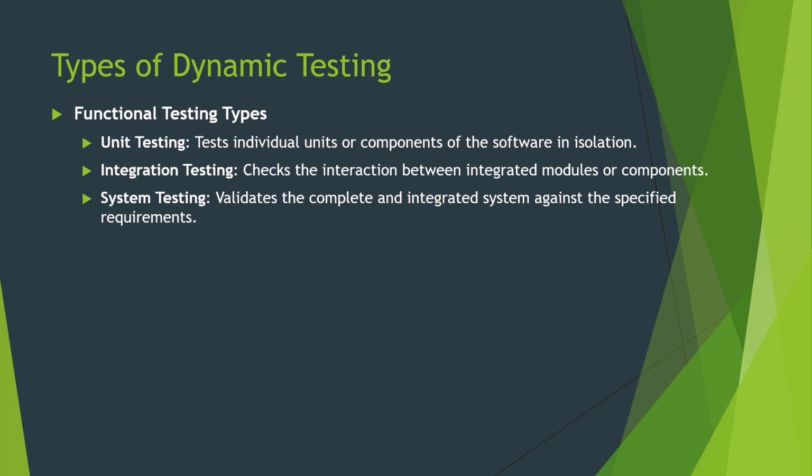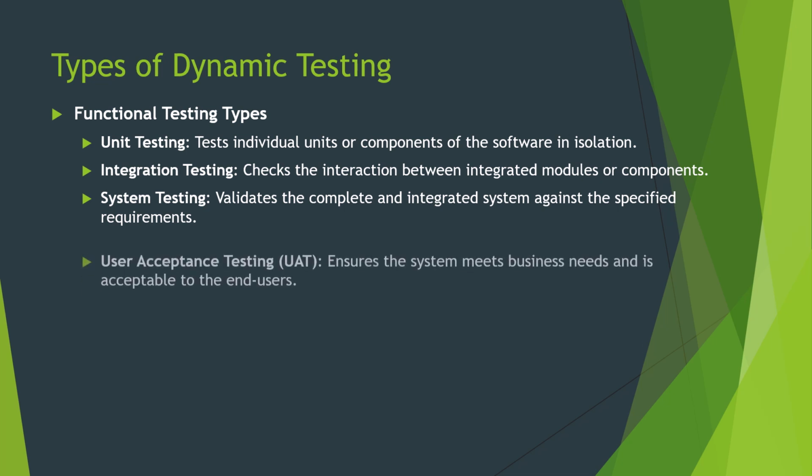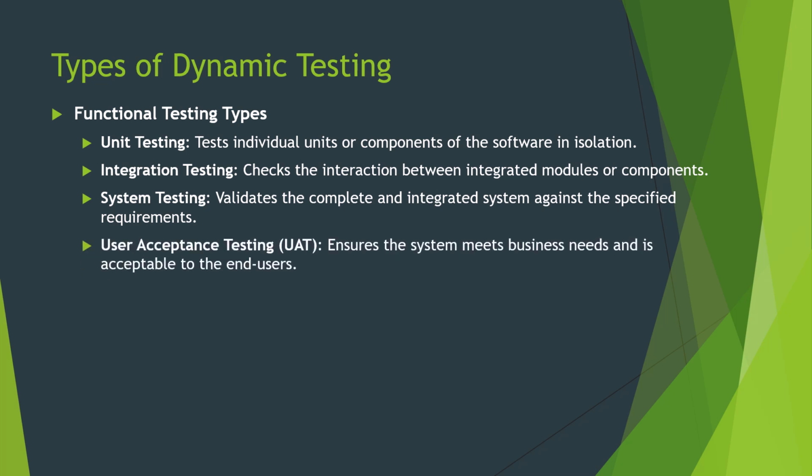The second one is integration testing. It checks how different parts work together. The third one is system testing. It tests the whole system. And the last one is user acceptance testing, UAT. It's done by users to see if the system meets their needs.